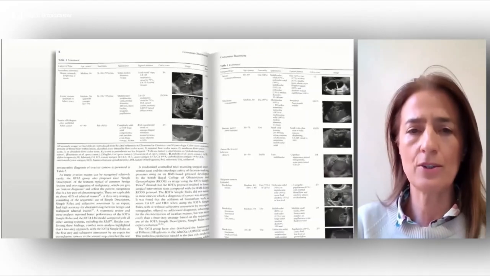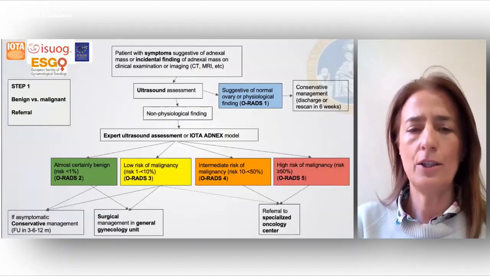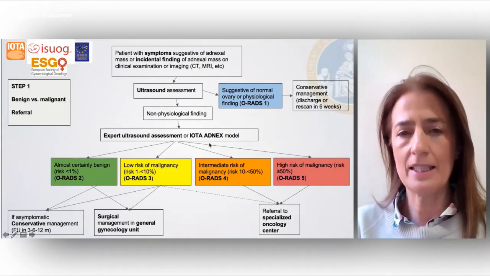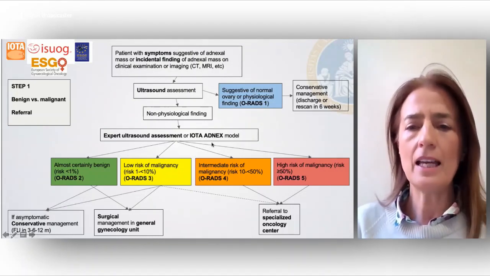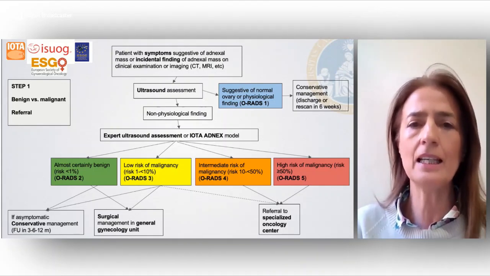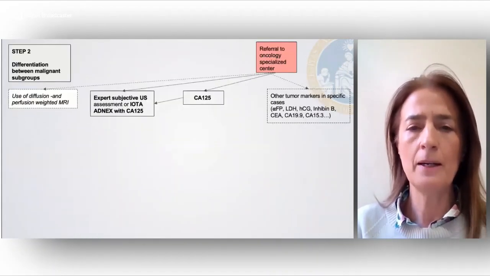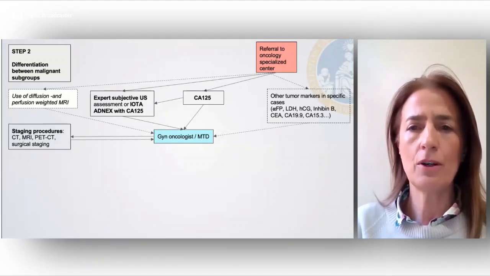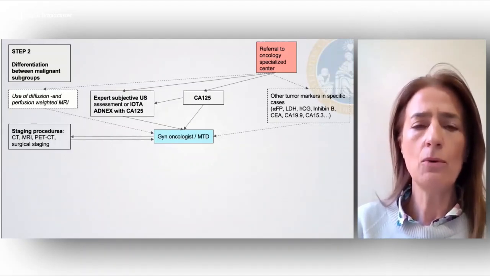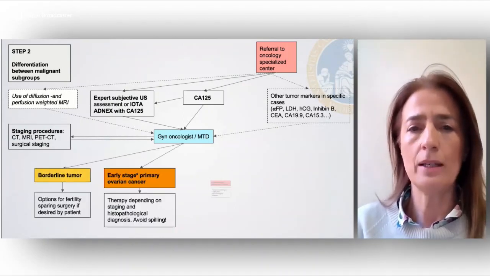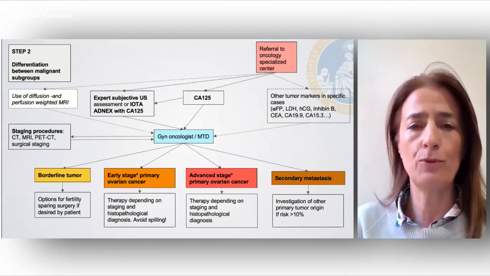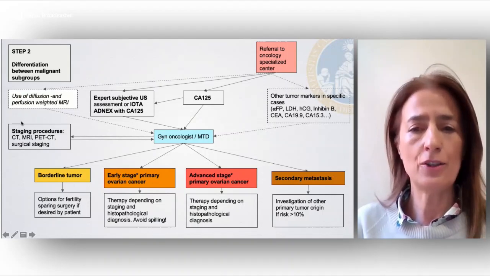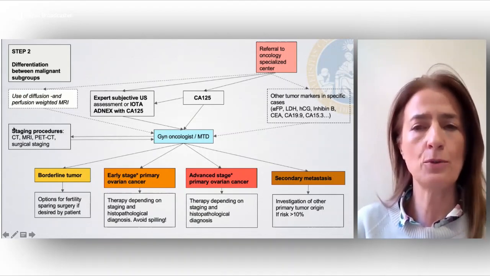According to this consensus, we can use either ADNEX or the lexicon of O-RADS, and after the definition of high risk of malignancy, you can move on to the next one. Within the gynaecological oncology referral center, how do we do? It depends. For sure, we have to check CA125, which was elevated. Then we could ask for additional tumor markers.